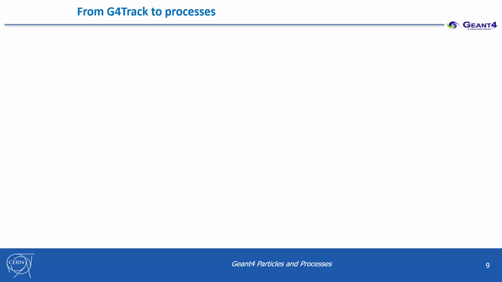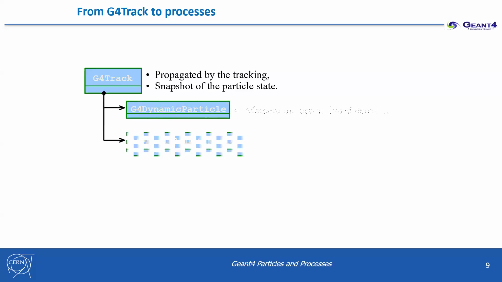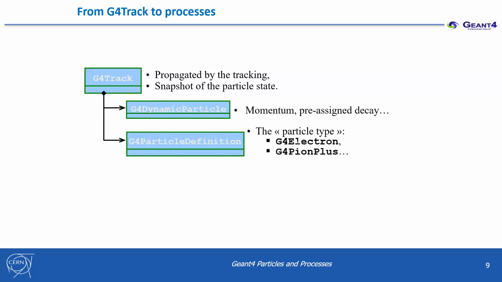How do we go from G4 track to processes? We have a G4 track object, which we need to propagate in some setup, for example, your detector or your experiment, where we take this track and try to do propagation.